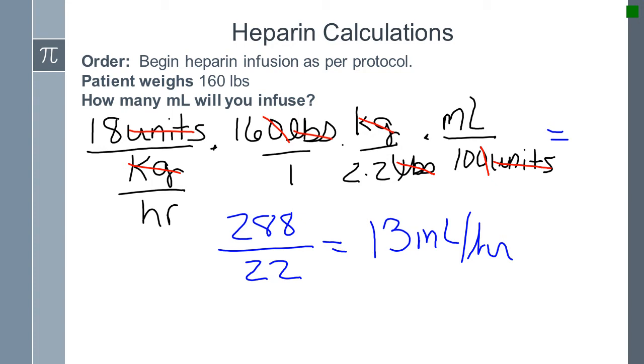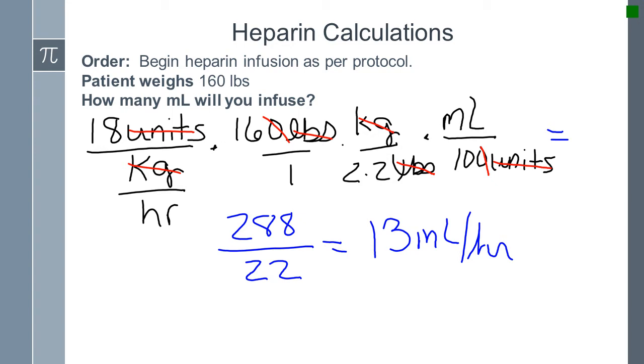So when I do my math, I've got the top, which is 18 times 16, which is going to give me 288. On the bottom, I have 1 times 2.2 times 10, which is 22.